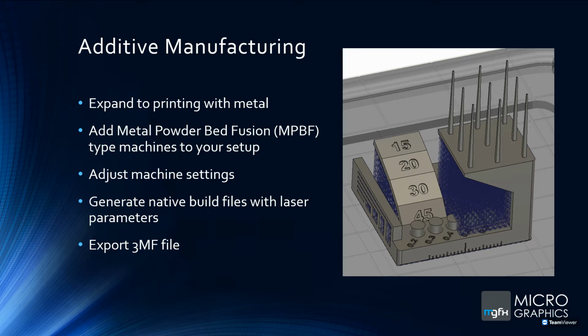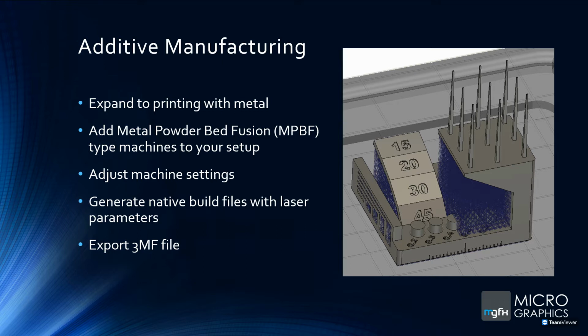And so in your machine type setups for your additive manufacturing, you would have your fused filament fabrication machines, which is what most people think of when they think of 3D printing, a big spool of PLA. But you will also have machines that are now showing for the powder bed fusion.